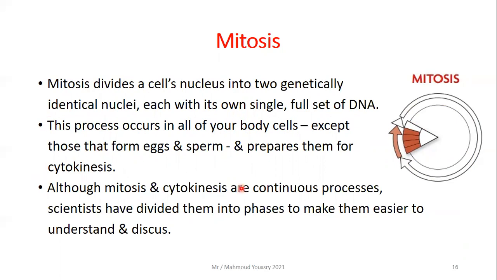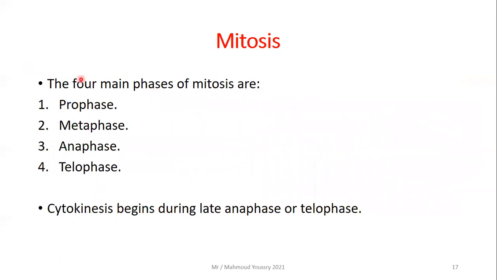Although mitosis and cytokinesis are continuous processes, scientists have divided them into phases to make them easier to understand and discuss. The four main phases of mitosis are prophase, metaphase, anaphase, and telophase. Cytokinesis begins during late anaphase or telophase.